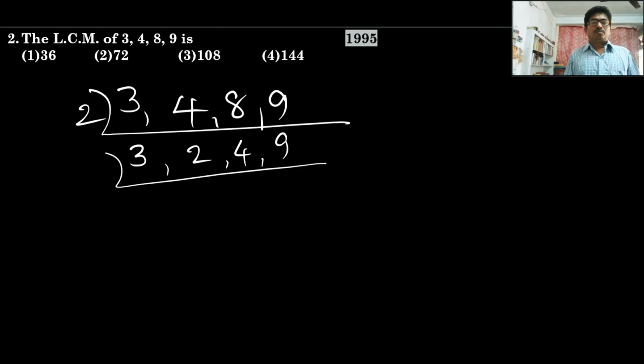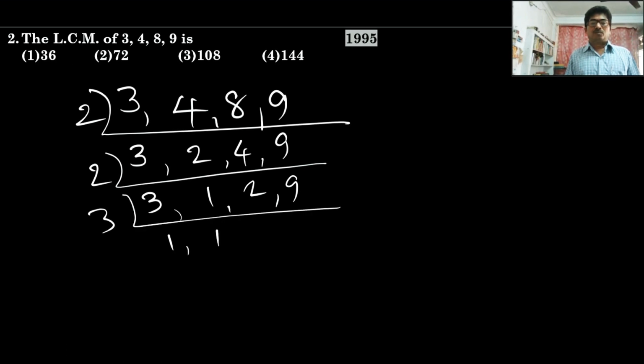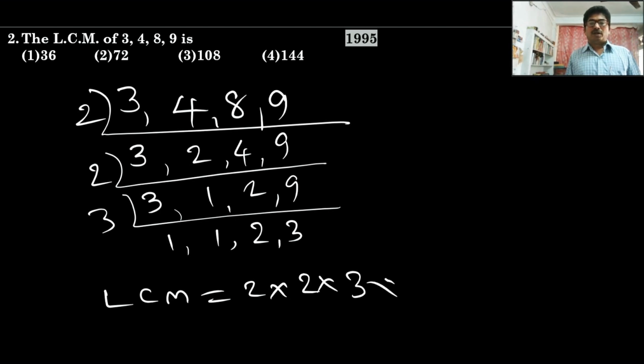Again 2 table. Bring down 3, 2 1s are 2, 2 2s are 4, bring down 9. Now 3 table: 3 1s are 3, bring down 2, 3 3s are 9. So the LCM of these numbers is 2 into 2 into 3 into 2 into 3.